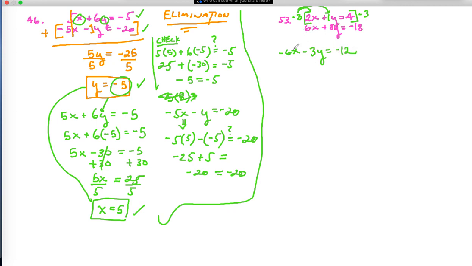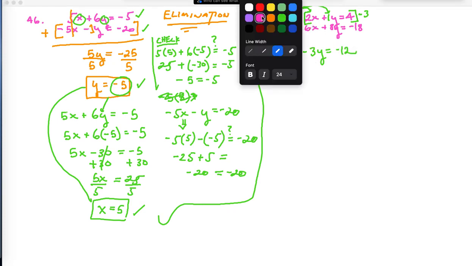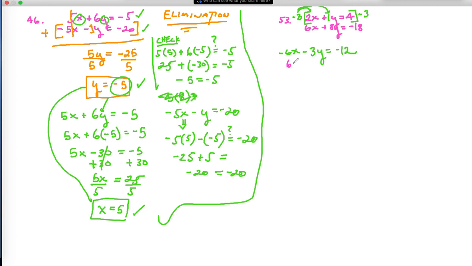And now I have a new equation, and I just rewrite the bottom one. 6x plus 8y equals negative 18. And now you see negative 6x is the same but opposite as 6x.